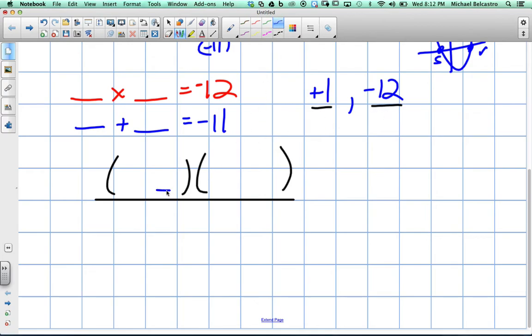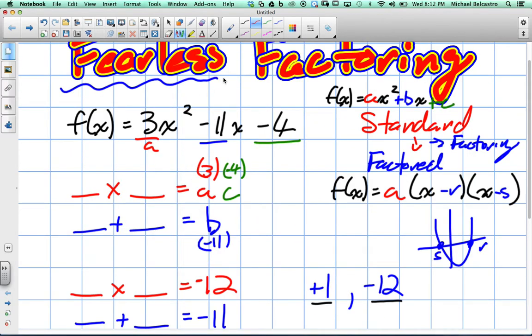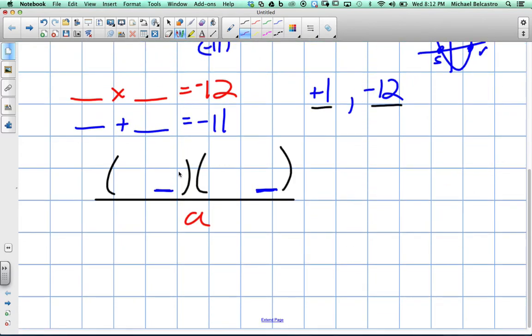We're going to take this entire first term and just halve the exponent. So we're going to put 3x, not squared, but just 3x in the beginning of each of these, so 3x and 3x. We're going to put our other two numbers in, positive 1 and negative 12. It doesn't matter which one, and we're going to divide by our a term.